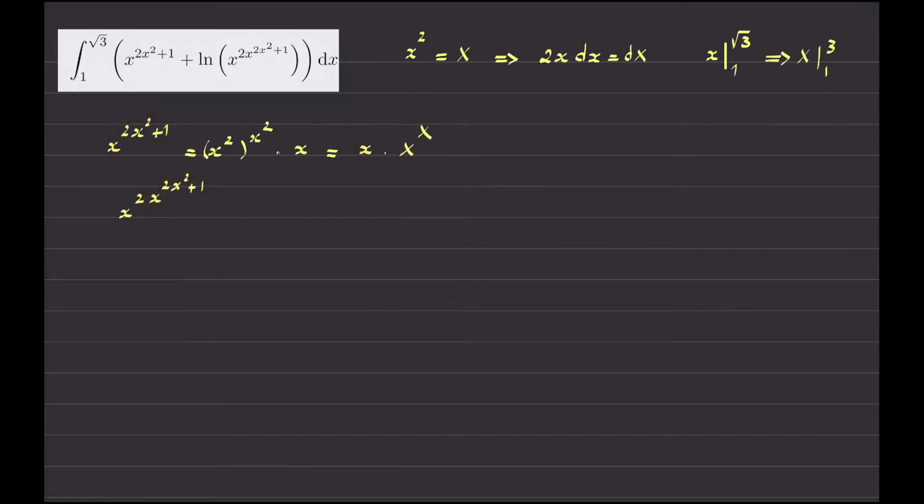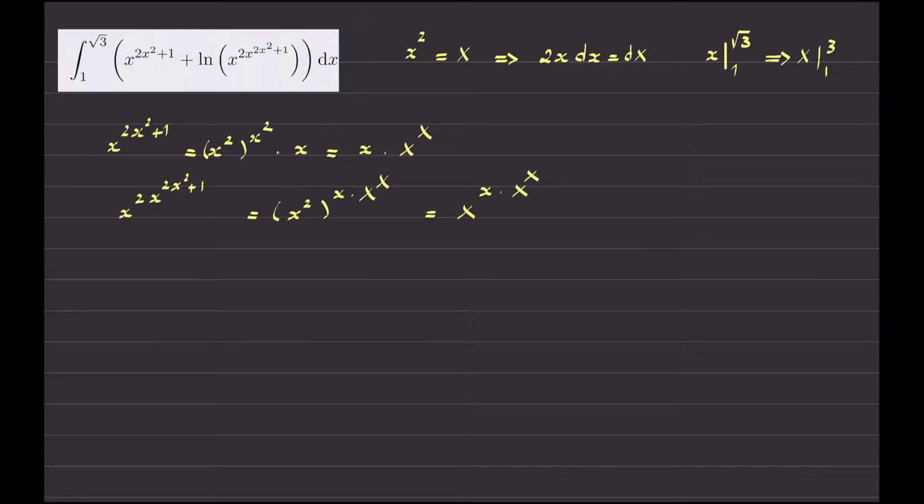Okay, so then it becomes x squared to the power of x times x to the power of x. But then this x squared can also be written as capital X. So this becomes capital X to the power of little x times capital X to the power of capital X.